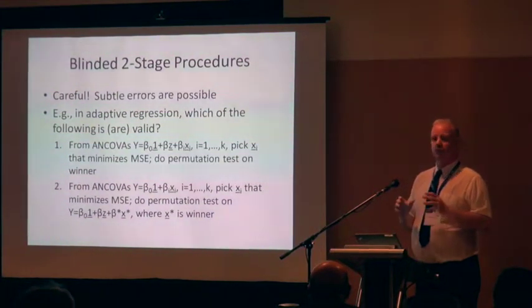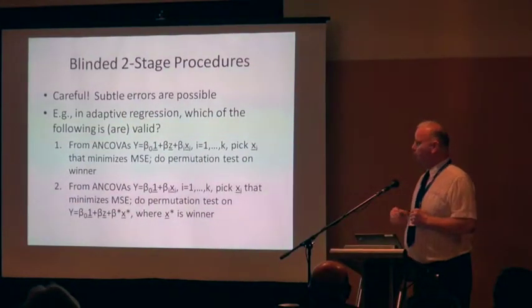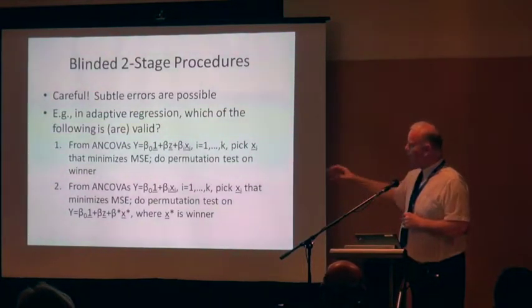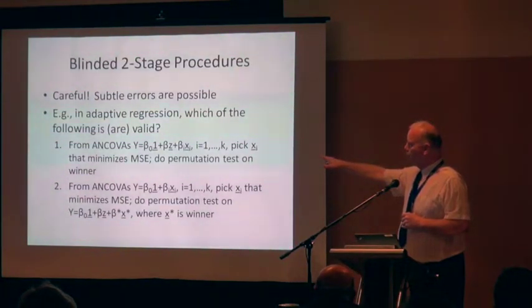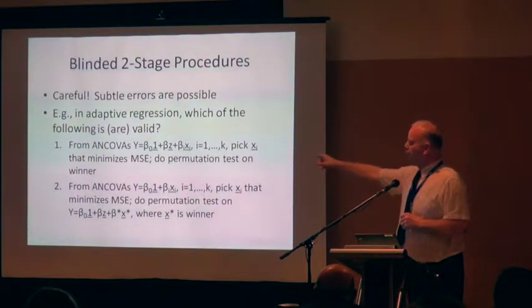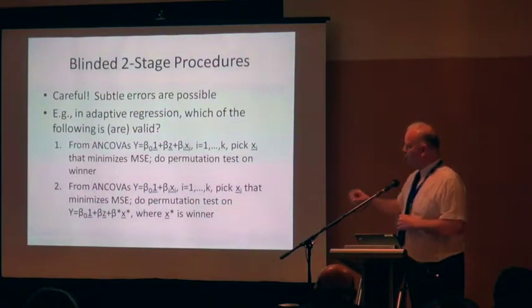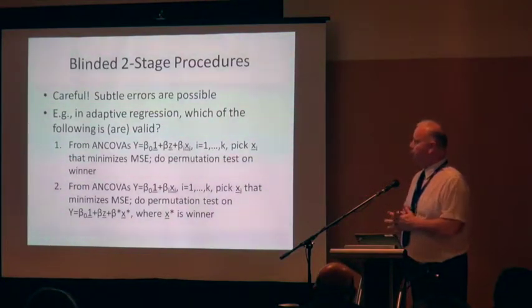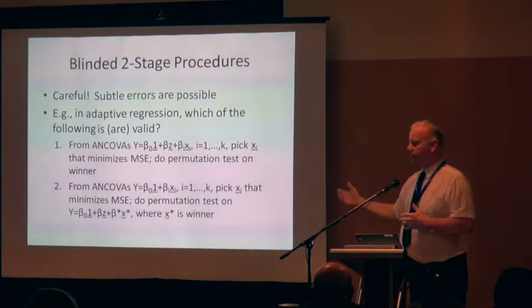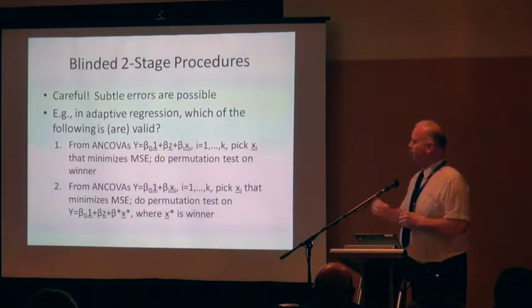You could think maybe I could do it one of two different ways. I could look at the ANCOVAs where I include a single covariate, so I go through each covariate separately, and I pick the one that minimizes the mean square error in that model where you include treatment effect and the covariate. And then once I find the best covariate, I could do a permutation test on the winner.